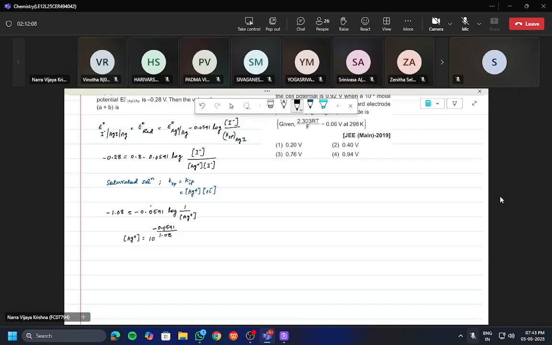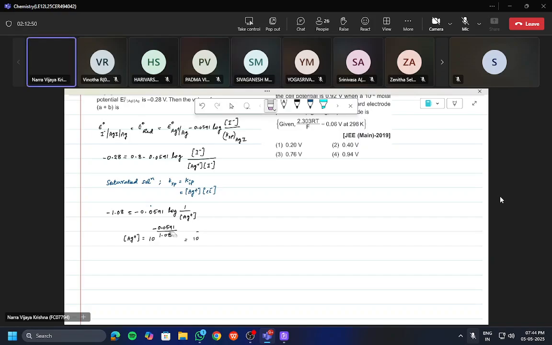So what is that value? 0.0591 divided by 1.08. 1.08 divided by 0.0591. This is 18.27. But I am taking the reciprocal. If I take the reciprocal, it becomes minus 18.27. Right? So this becomes equal to 10 power minus 18.271.